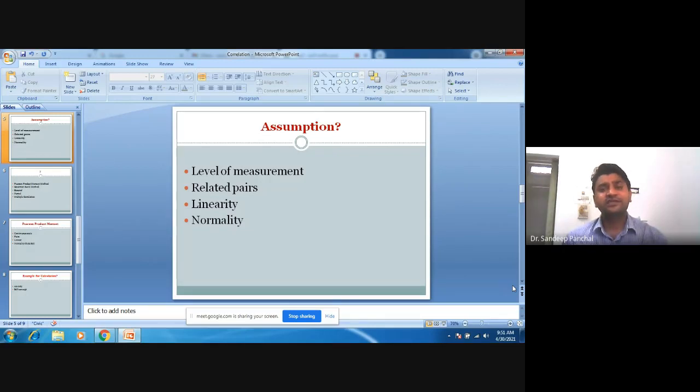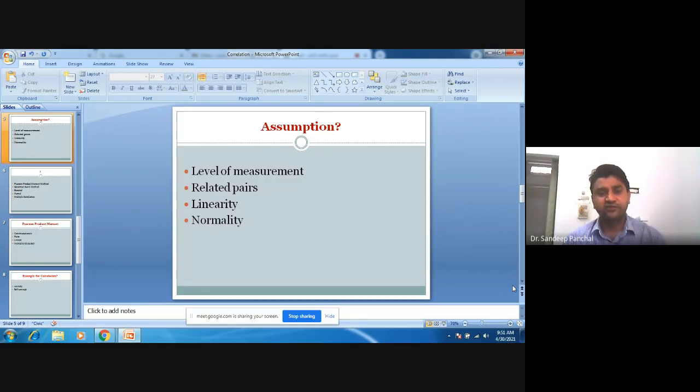We also understand the meaning of parametric statistics and non-parametric statistics. Based on parametric and non-parametric statistics, we follow certain methods of correlations.